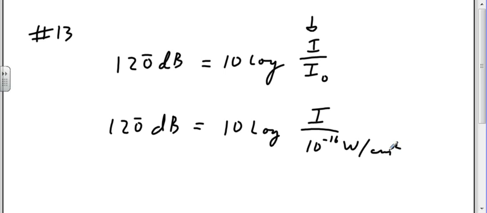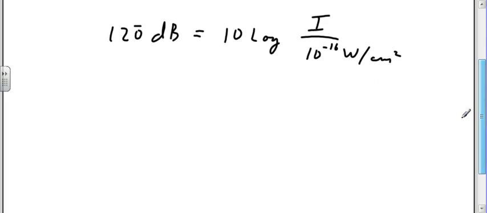So if we're in watts per centimeter squared, we're going to use 10 to the minus 16th because that's the threshold of hearing. If we're going to use watts per meter squared, then we're going to use 10 to the minus 12th. But they want us to find the answer in watts per centimeter squared, so we're using 10 to the minus 16th.